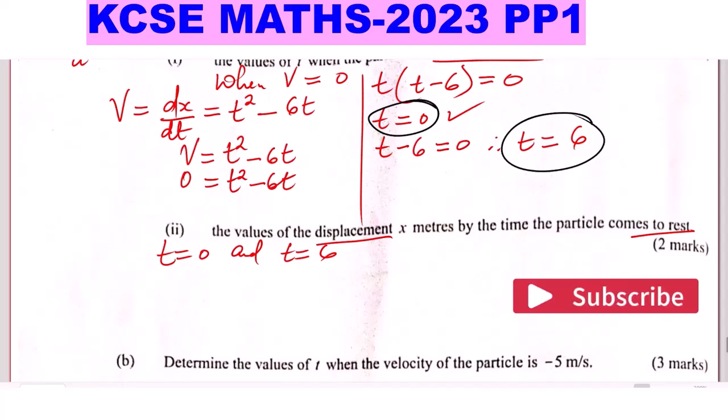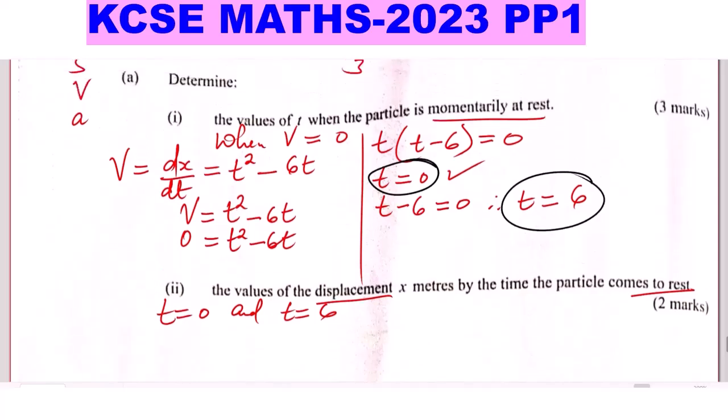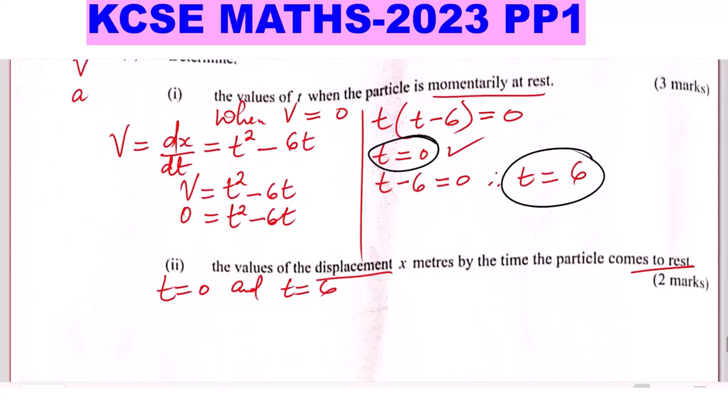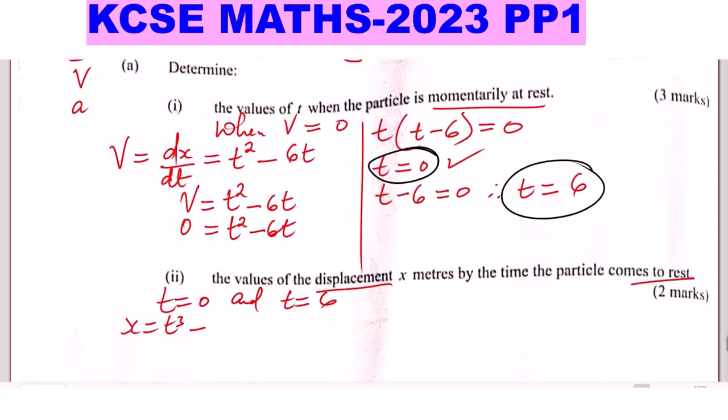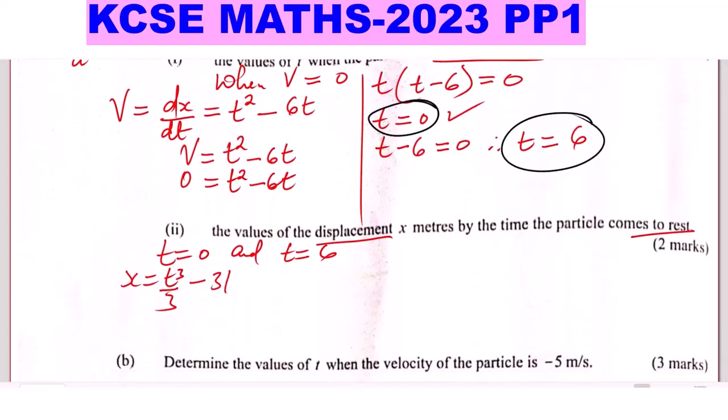What will be the displacement when t is equal to 0? You simply take the expression for displacement, which is x is equal to t cubed over 3 minus 3t squared plus 9. Simple as that.